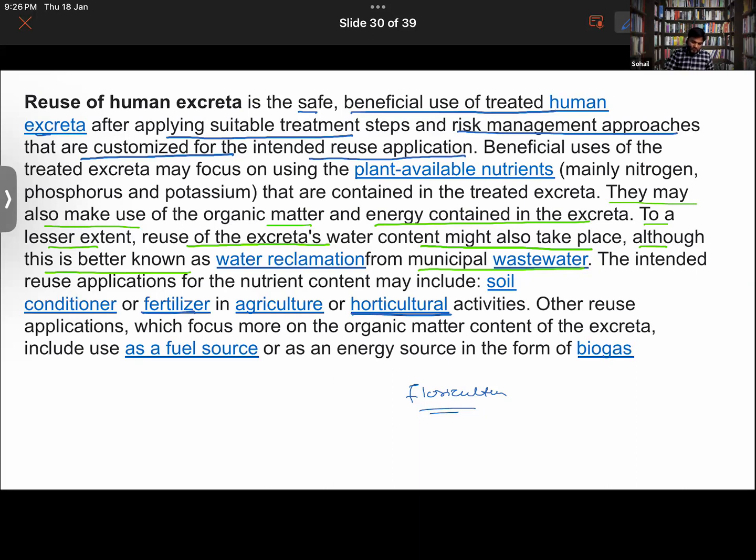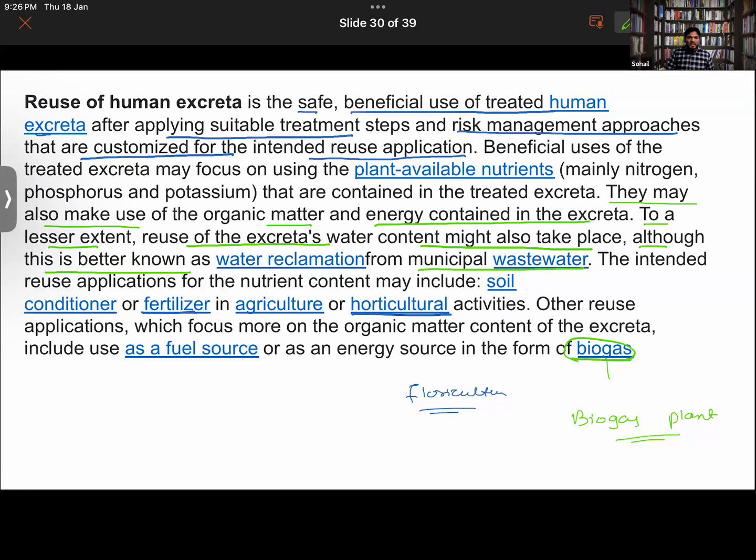Also, two more things are written over here. Like biogas, it can be used to obtain biogas also. The human excreta can be used in the biogas plant to make biogas. Remember, in the sewage treatment plant, we talked about how sludges were taken into a digester, and thereby biogas was forming there, right?